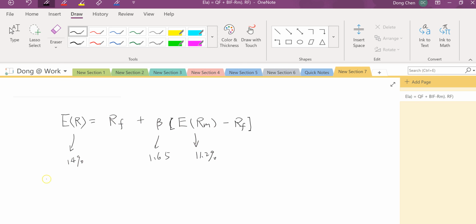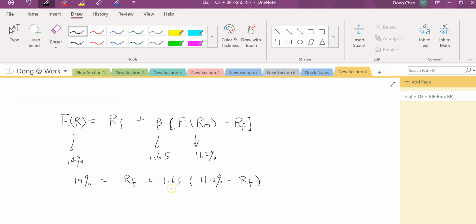We can now plug in all these numbers. So it's 14% equals RF plus 1.65 times (11.2% minus RF).